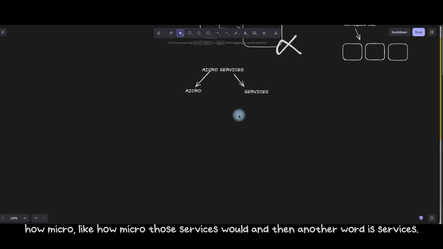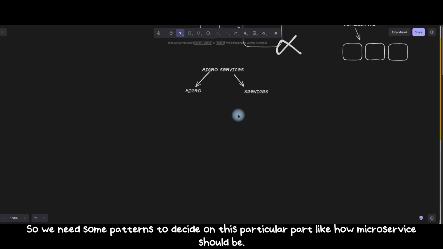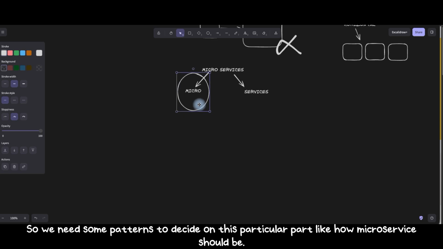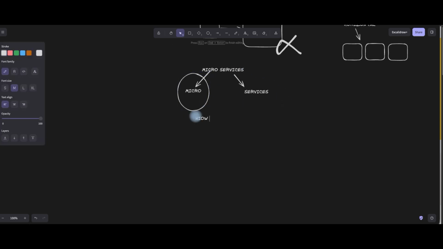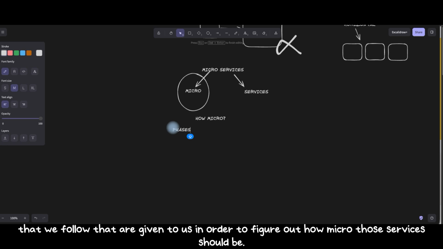So we need some patterns to decide how micro those services should be. There are some phases that we follow in order to figure that out.